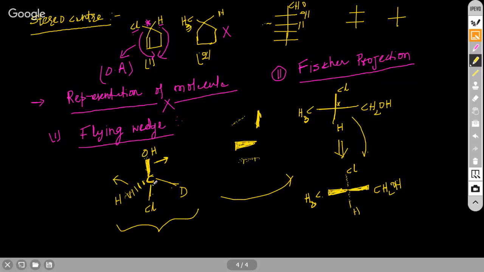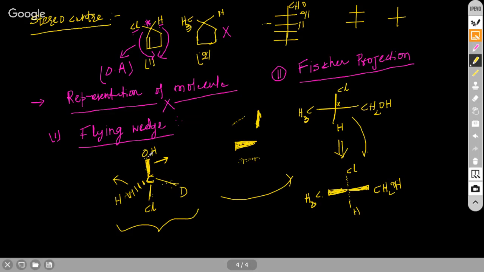Since we have only two possibilities, we show one going away from us and one coming towards us. There is no third possibility. So in the flying wedge, the other two bonds are not in the same plane, but that does not mean these two are in the same plane.